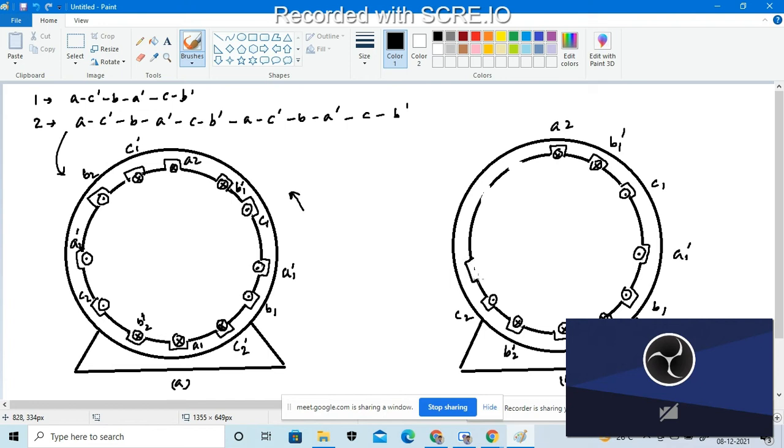This segment we are considering again dot, which will be considered as A2 dash. Here also we are considering dot, which will be B2. And the last one should be a cross, which will be considered as C1 dash.